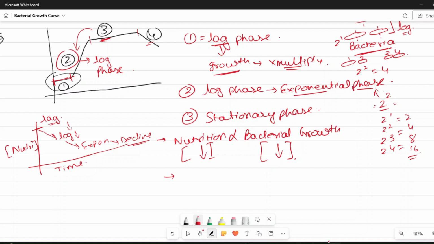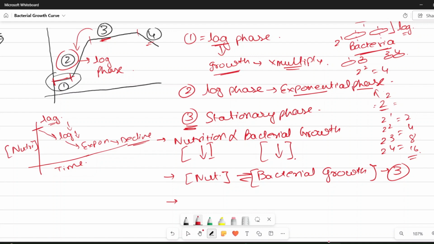And there is a particular time where the concentration of nutrition is in equilibrium with that of the bacterial growth. So that is why one can easily understand that this type of equilibrium is commonly seen in phase number 3, which is the stationary phase.